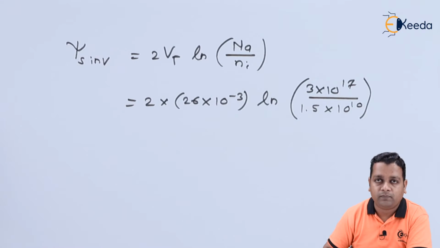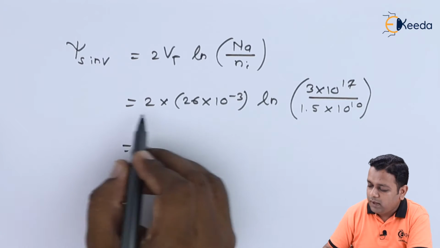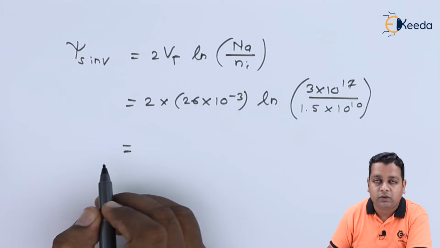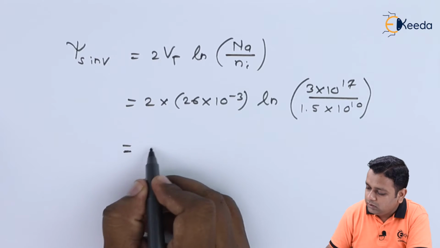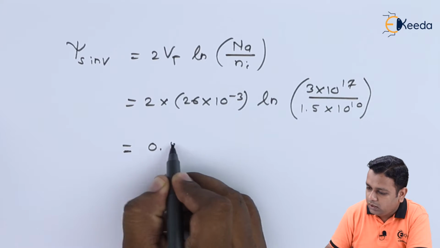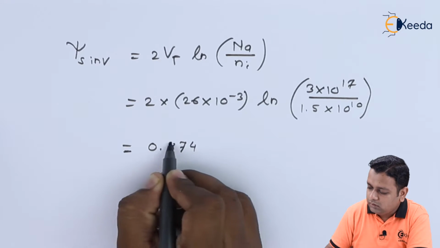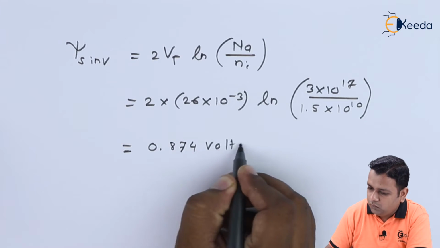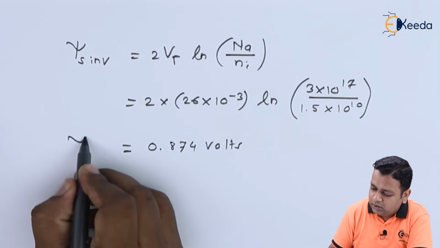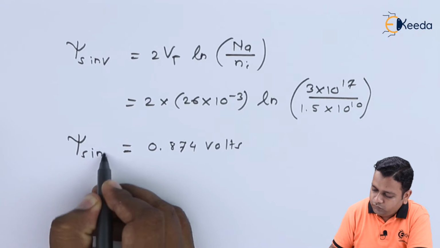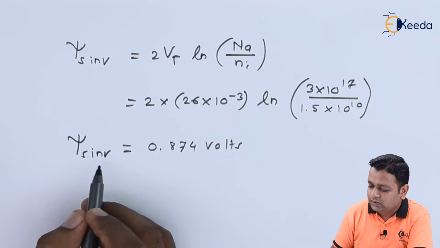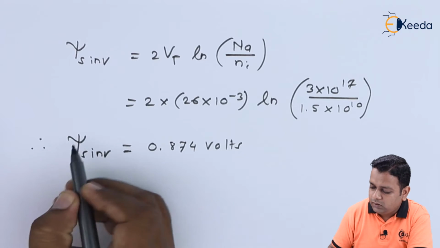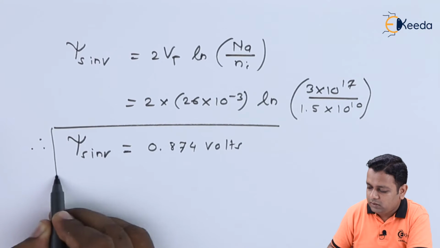for the assumption that it is for the silicon. Now we make the computations to obtain this value, and the computation results into the value 0.84874 here. So this is in terms of volts here. So this is the required value psi suffix s for I and B computed and outlined here.